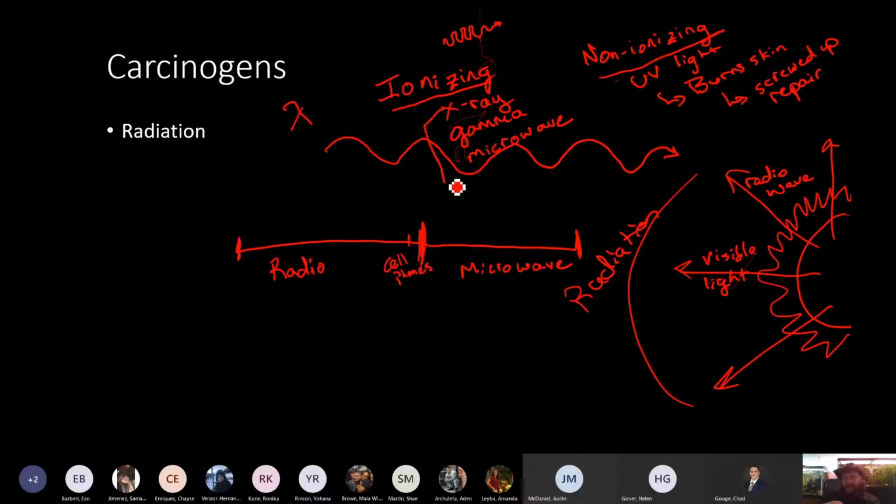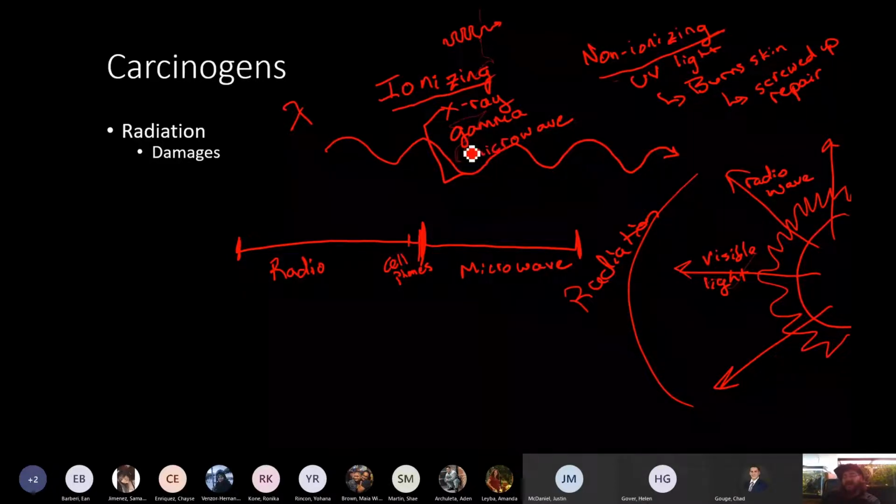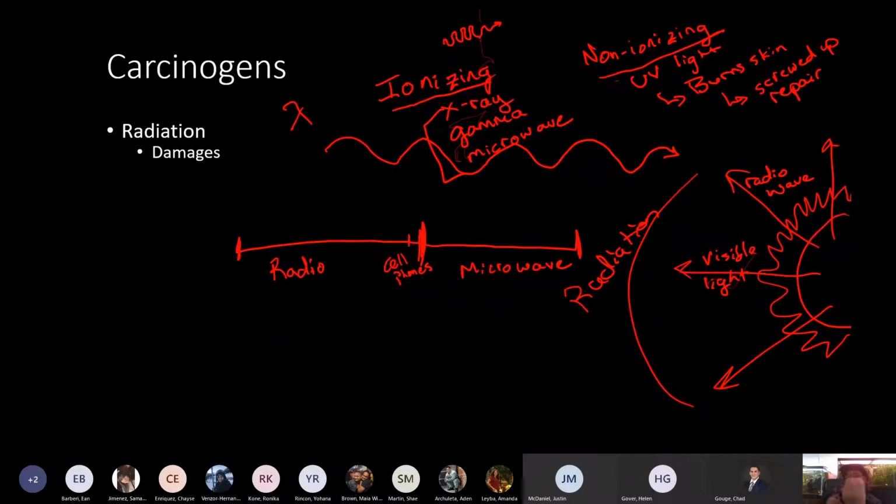Back to radiation. Radiation is dangerous because it damages. Ionizing radiation causes a lot of damage. So when you're exposed to ionizing radiation, the energy flowing is absorbed by atoms in your body, and it causes atoms to kick off electrons. And so kicking off electrons changes the atom's charge.